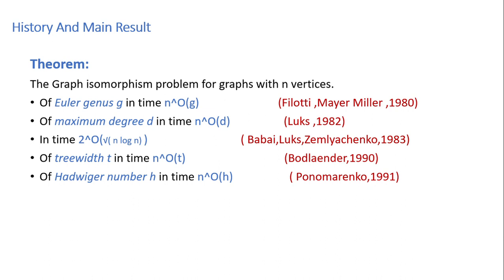After some time, in 1990, for graphs of tree width t, the time is n to the power big O of t. And in 1991, Ponomarenko gave another bound, n to the power big O of h, where h is the Hadwiger number.